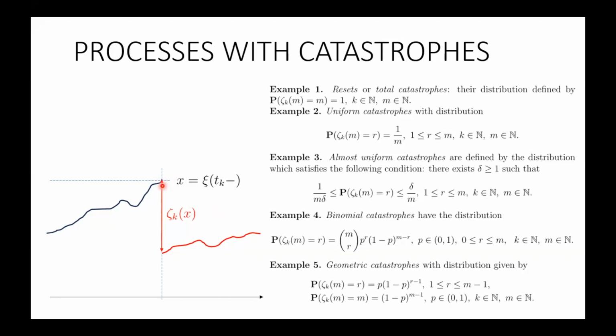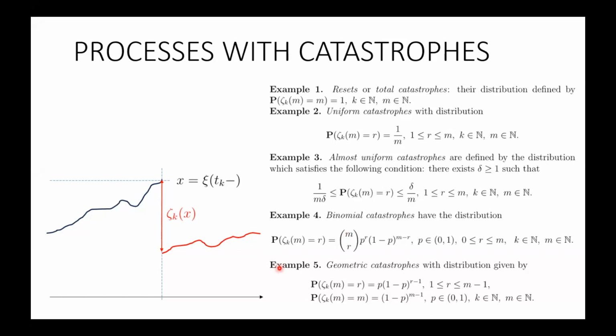So it means that my increment in this moment will have a binomial distribution with some parameter p, and m, where m is the size of my population at the instance.